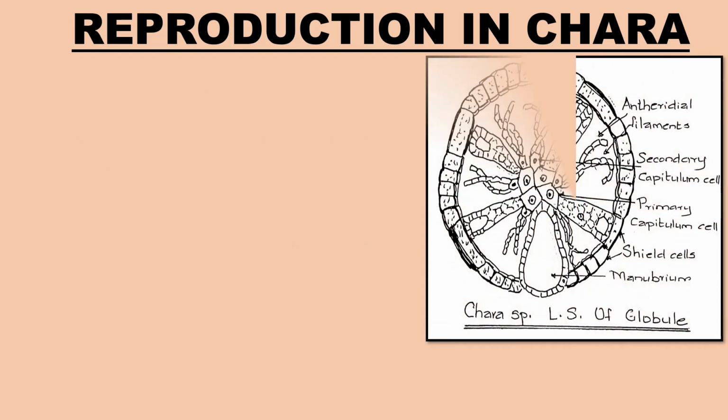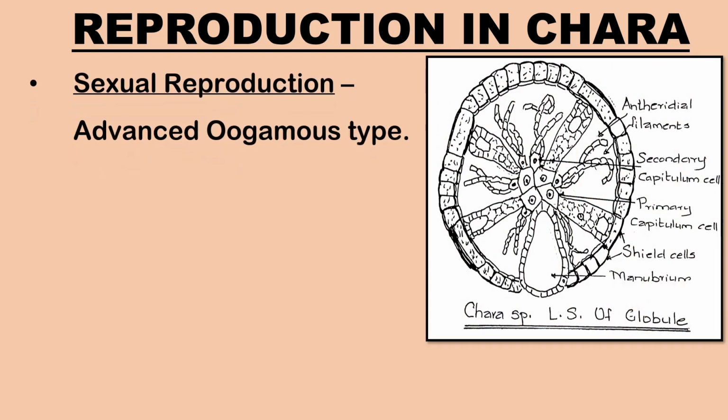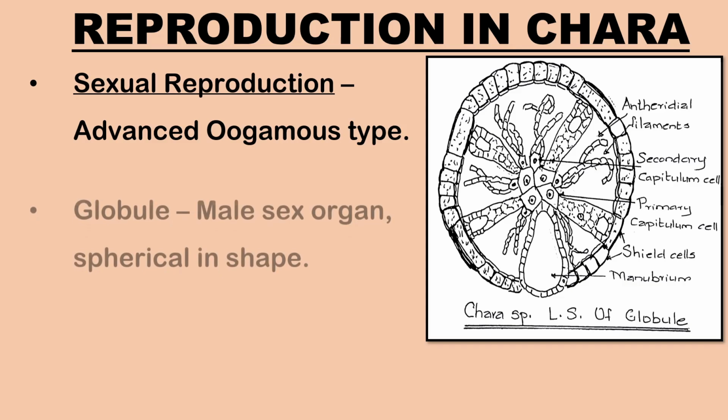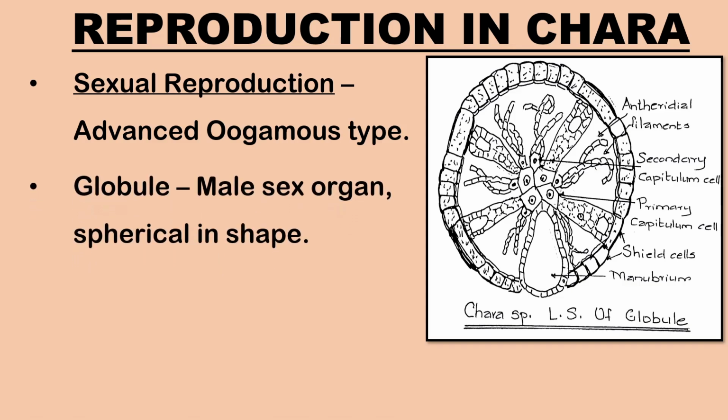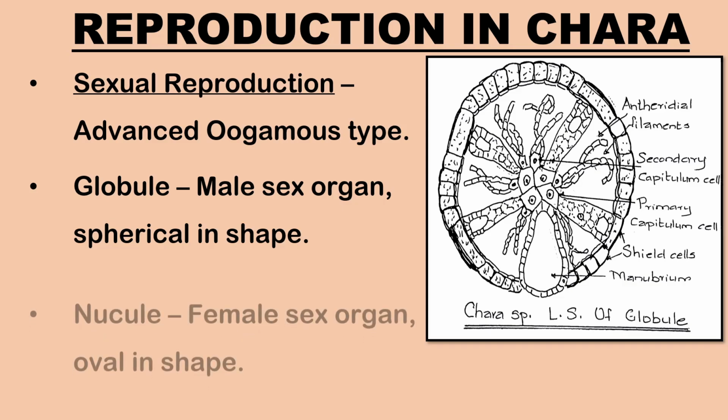Next is sexual reproduction. Mode of reproduction in Chara is of advanced oogamous type. Male sex organ is known as globule. It is spherical in shape and color varies from yellow to red.